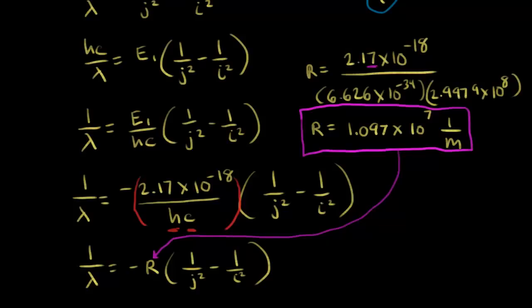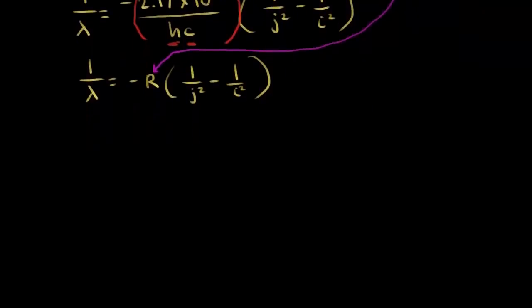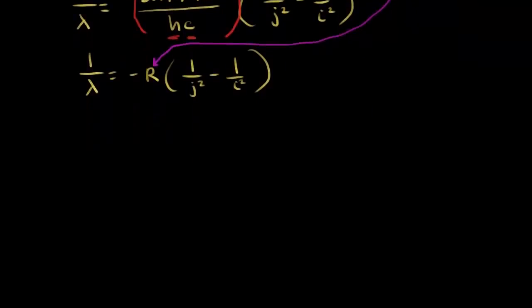So you could stop right there, and you have related the wavelength to your different energy levels. Or you could go a little bit further. So 1 over lambda is equal to negative R. If we pull out a negative 1, that would give us 1 over i squared minus 1 over j squared.